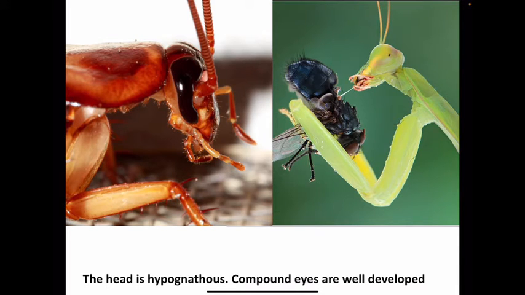Coming to the head orientation, in both cockroach and mantid, the head is hypognathous type, directed downward. Compound eye is present, very well developed compound eye.